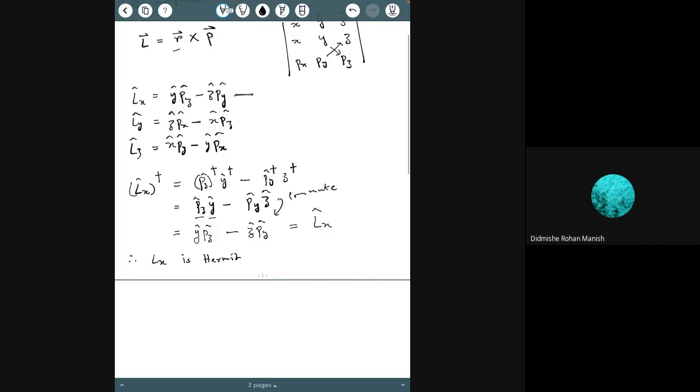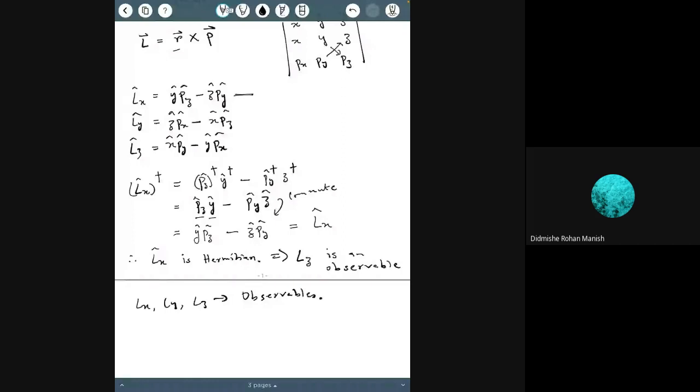Which also means that the angular momentum value is an observable. Similarly, this is true for Ly and Lz as well. So Lx, Ly, Lz are all observables.